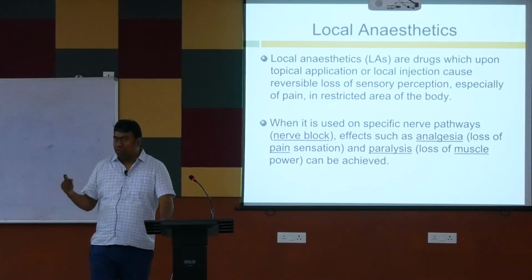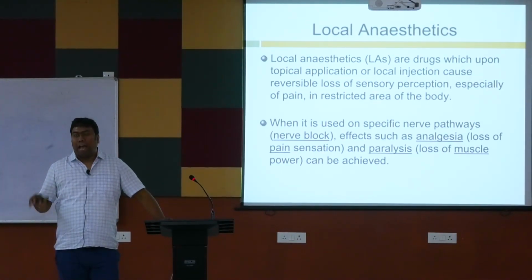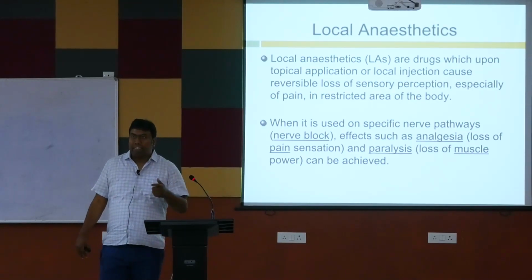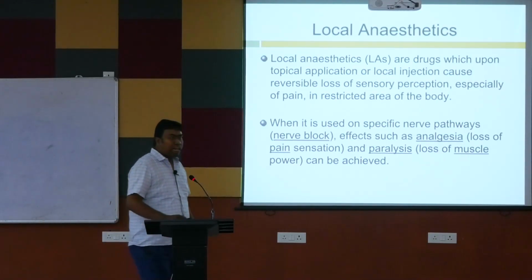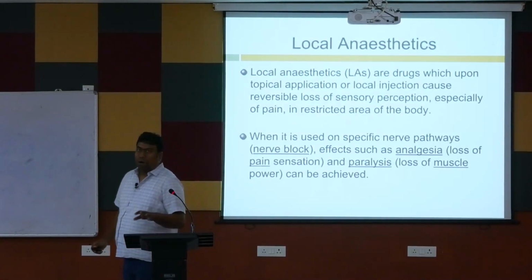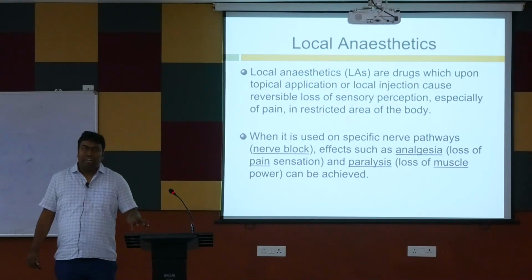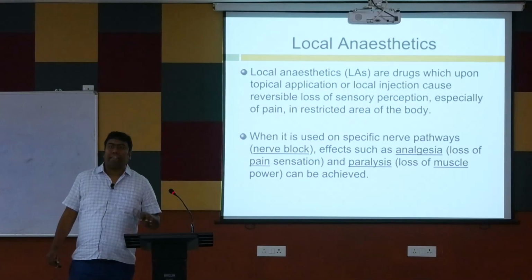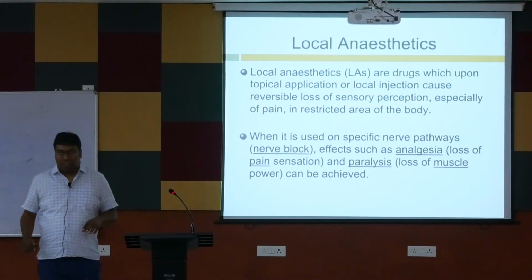Not only does it reduce the sensation distributed in the radial part, it also weakens the muscles involved. So only when we use local anesthetic as a nerve block can they involve the muscles. On the other hand, primarily local anesthetic only reduces pain sensation and other sensation, reversibly, without any effect on consciousness.